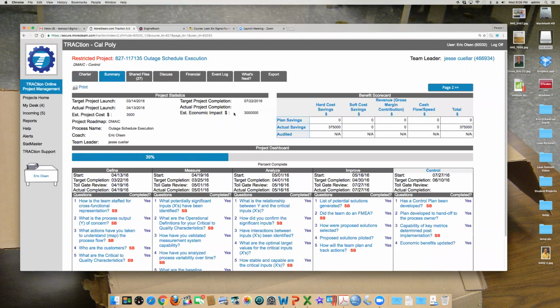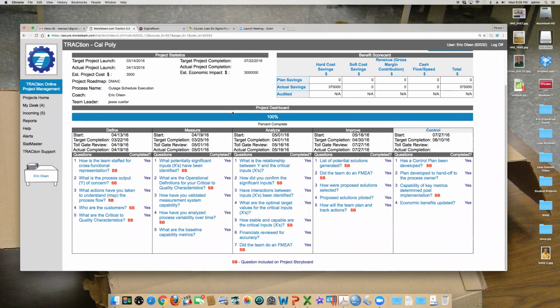I'm going to go on to the summary. So you've got these different phases: define, measure, analyze, improve, and control. You've got a bunch of questions that you have to answer for each one. So let's see, what actions have you taken to understand and map the process?